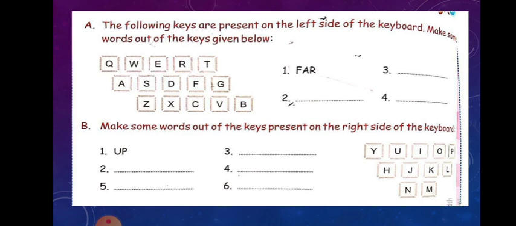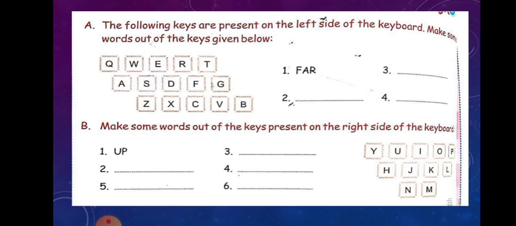Now, the next question. The following keys are present on the left side of the keyboard. Make some words with the keys given below. Dear children, on the left side of the keyboard you will find these keys.